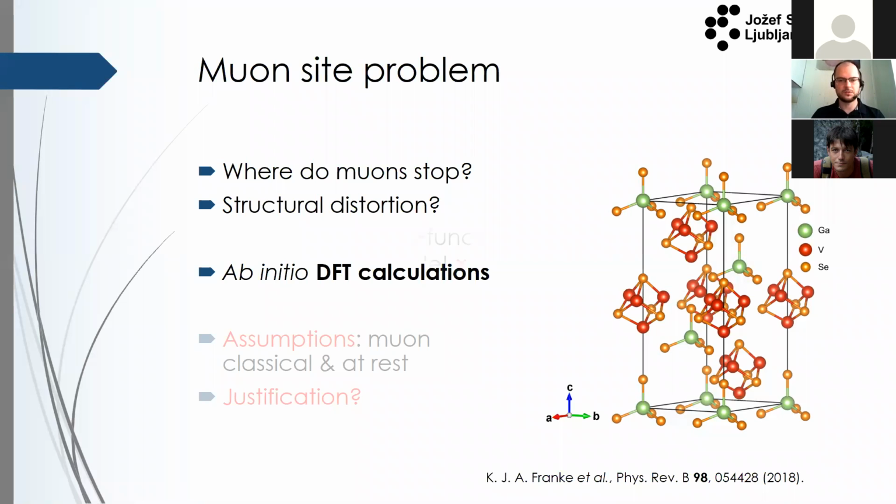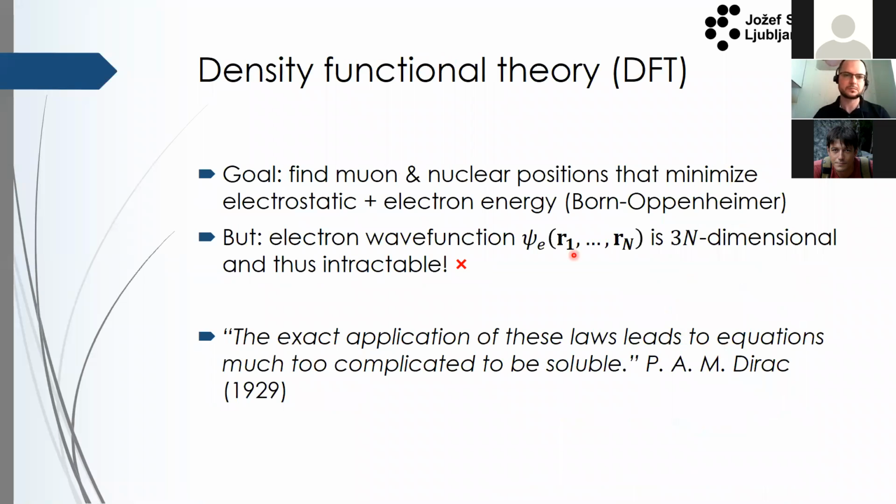Okay, so just a few words about this technique. Our goal is to find the muon and, of course, nuclear positions that minimize the total electrostatic energy between the muon and nuclei, and also any electron energy. So the electrons have to adapt, so they chemically bind the nuclei together, and they can also chemically bind the muon to the crystal.